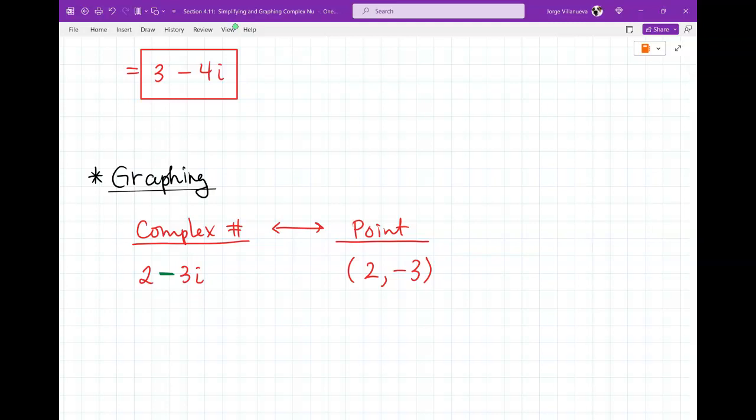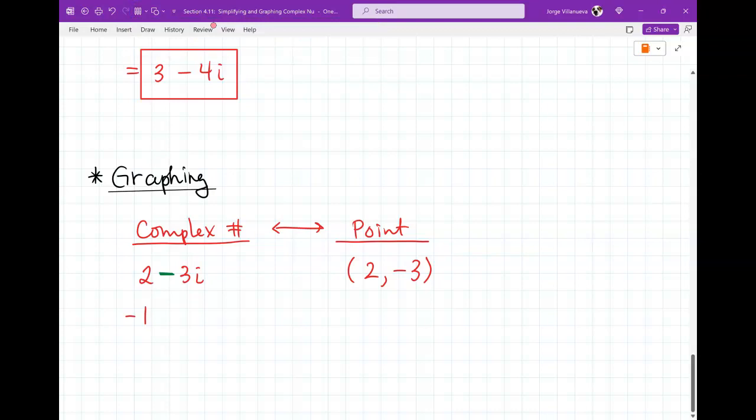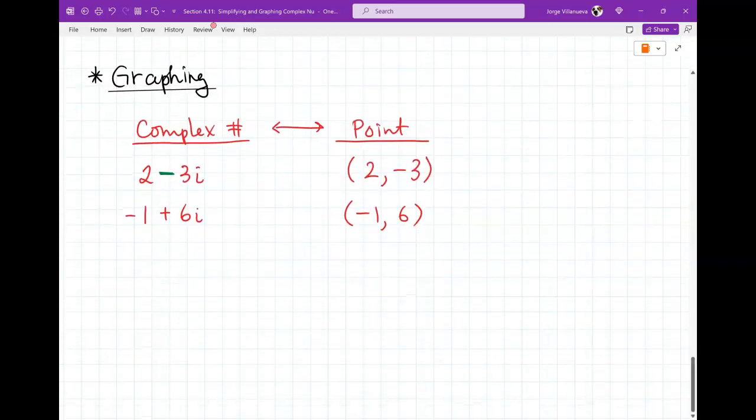Okay? And if they give you a point, you can write it backwards. So if I were to give you, let's say, negative 1 plus 6i, then you should write it as a point, negative 1 comma 6. Okay? What if I gave you a point, let's say 4 comma negative 1?